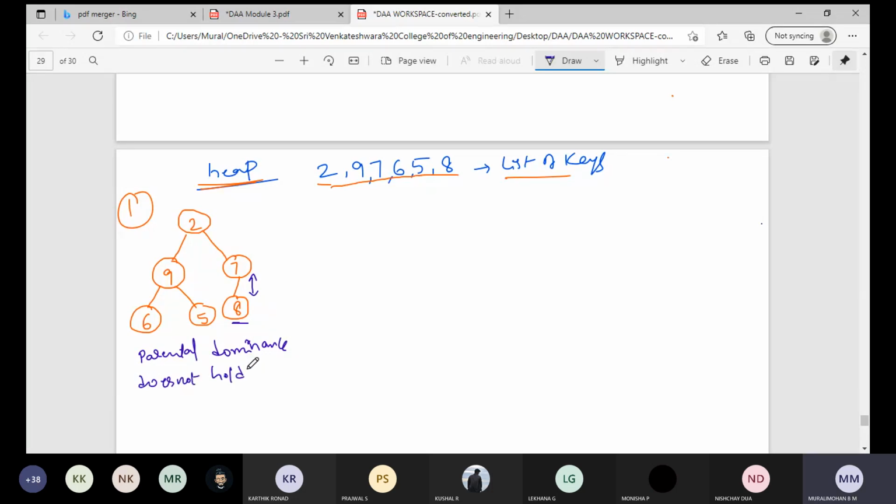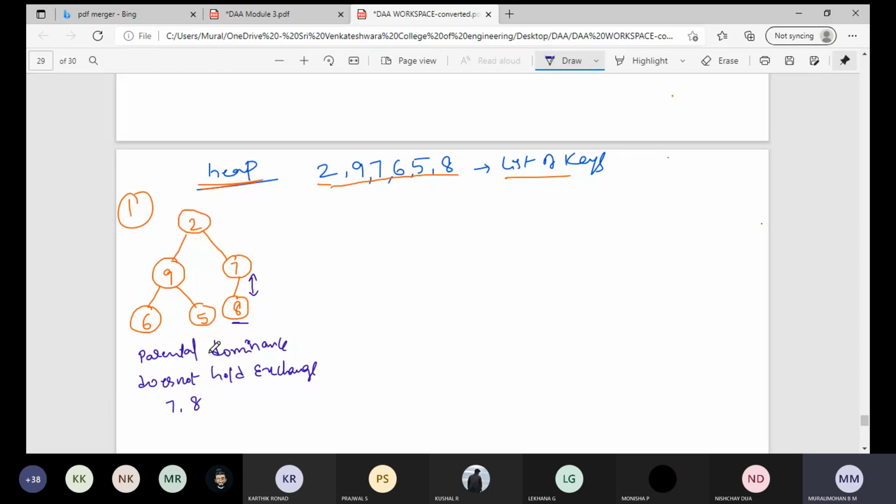So the parental dominance is not holding. So exchange 7 and 8. Since here the parental dominance does not hold, exchange 7 and 8.